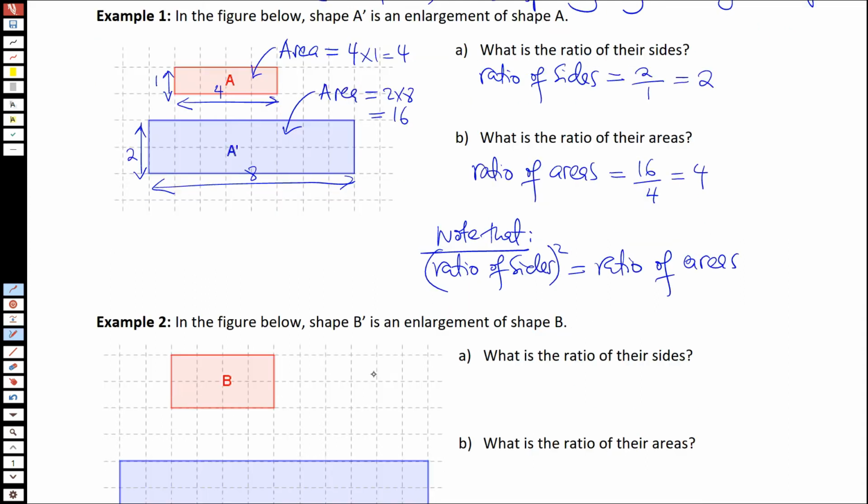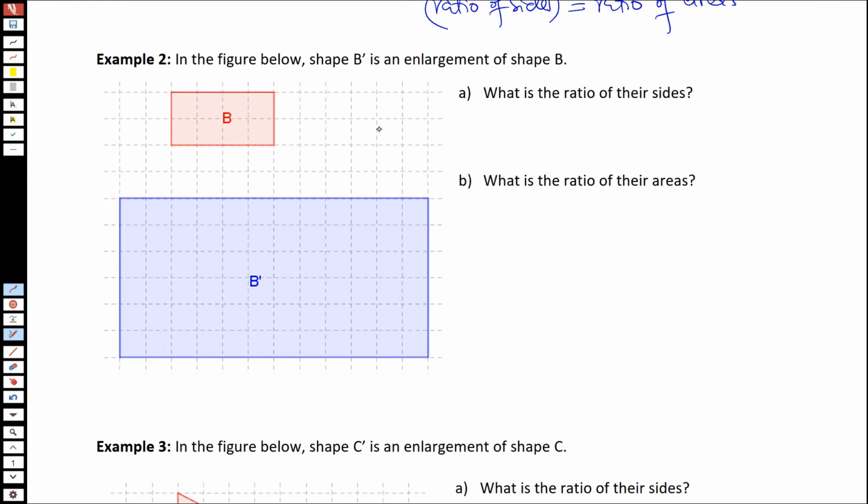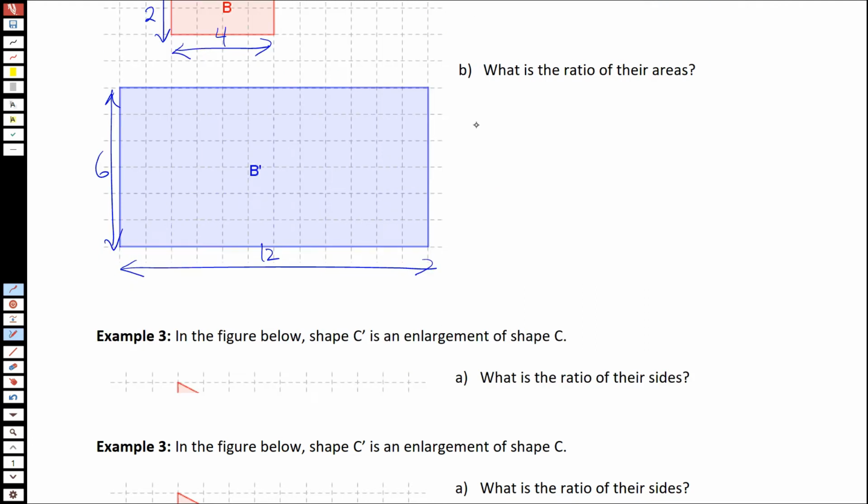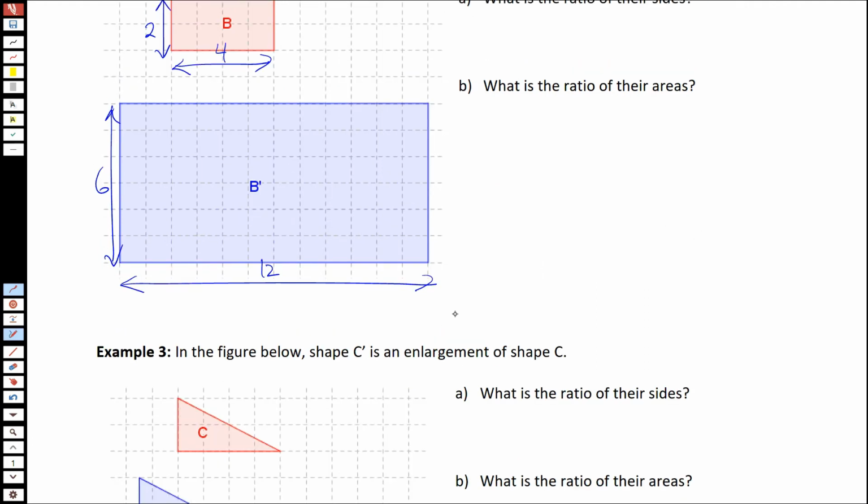Okay, so example 2. Again, if we look at the sides of these two rectangles, that is 4 and that is 12. Here we have 6 and here we have 2. Let's just go ahead and find out. Let's start with the ratio of the sides.